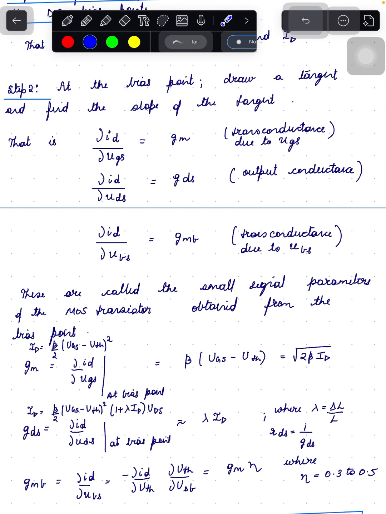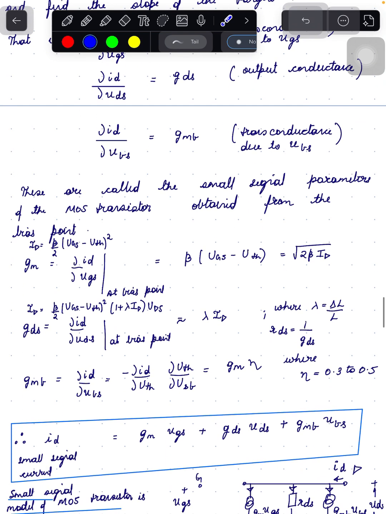GMB equals dou ID by dou UBS, which can be written as minus dou ID by dou UTH into dou UTH by dou USB. Minus comes because of change from UBS to USB, which equals GM times eta, where eta equals 0.3 to 0.5.